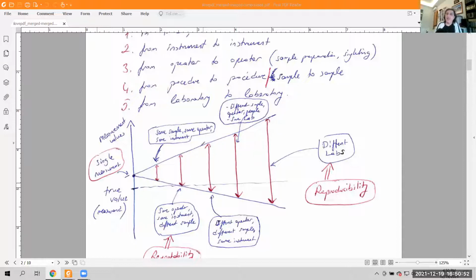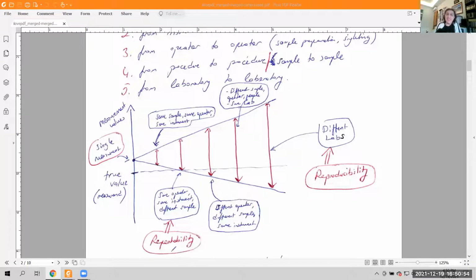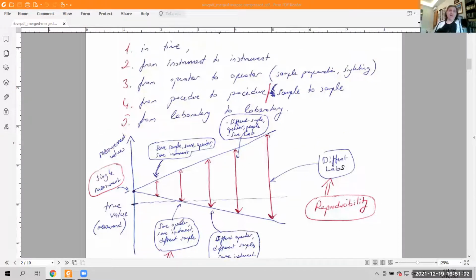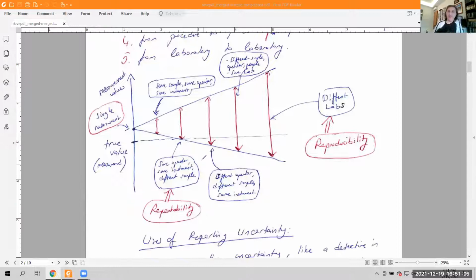The variation is going to be higher. And this is usually called repeatability. So using different samples, but the same operator and the same experimental device, when you repeat the experiment, how much the result is going to change is called repeatability. And I'm going to show you an example of that.